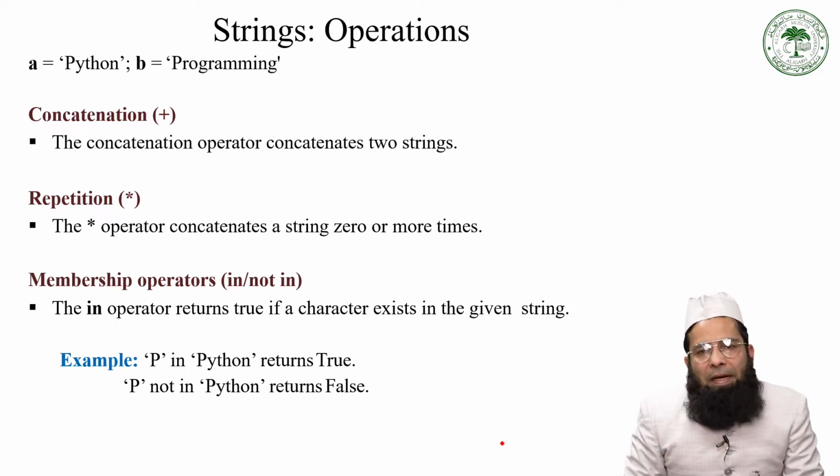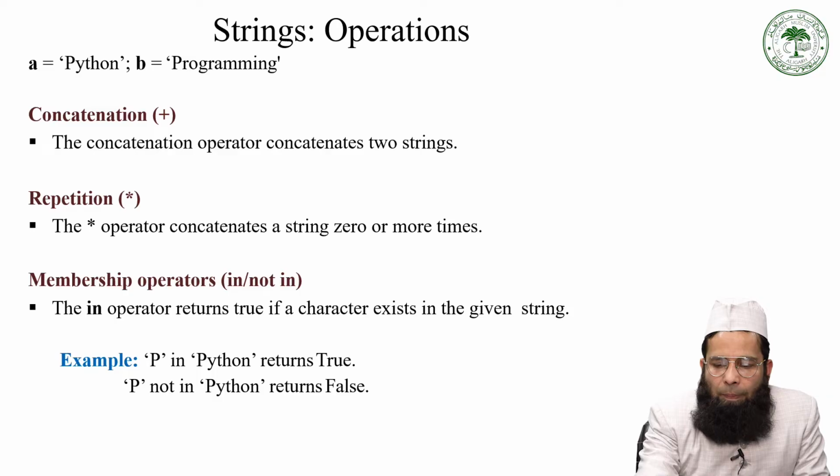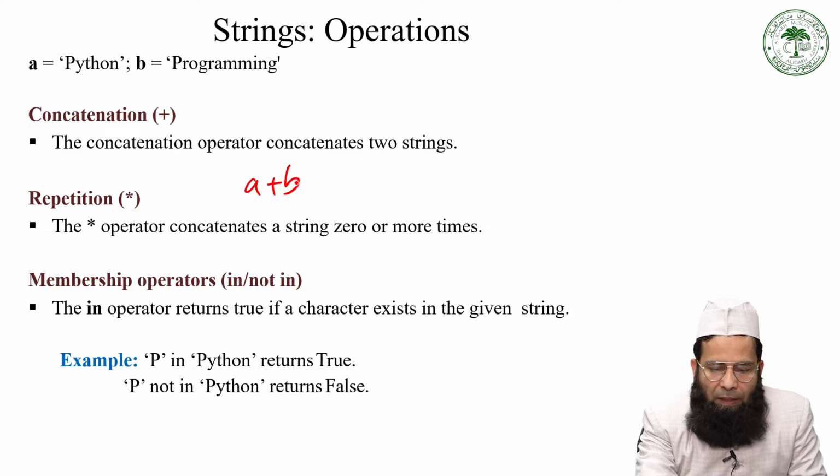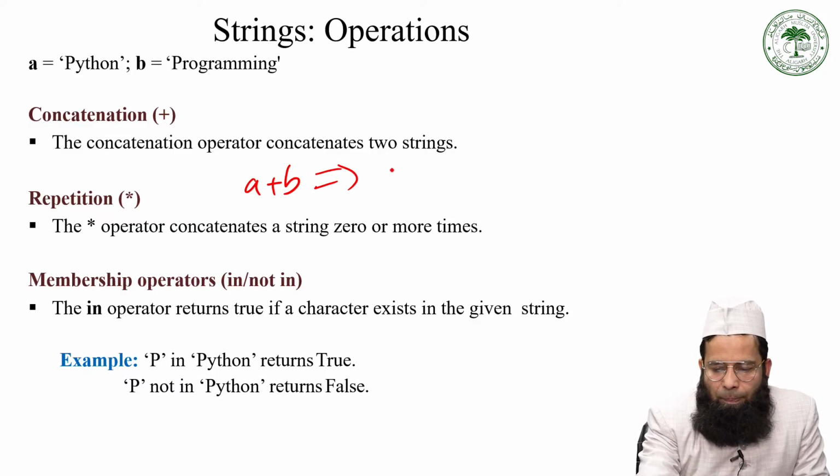Similarly, we can apply certain operations on strings, like concatenation. If I apply A plus B, since A is Python and B is programming, it would give me Python programming as a whole, right? So A plus B will generate Python and then programming without any space.